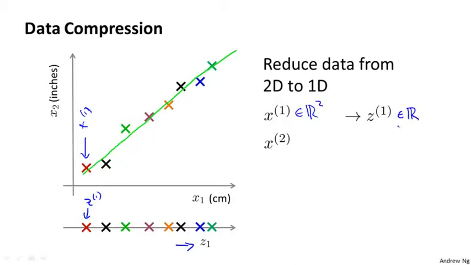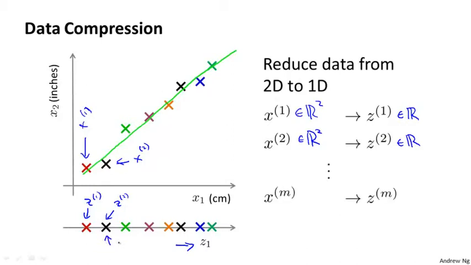And similarly, if x2 is my second example there, then previously this required two numbers to represent, but if I instead compute the projection of that black cross onto the line, now I need only one real number, which is z2, to represent the location of this point, z2, on the line.